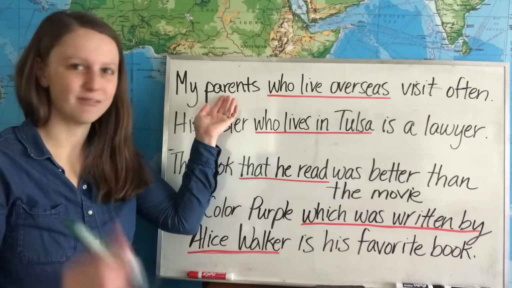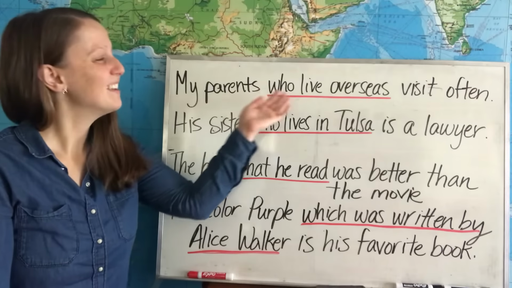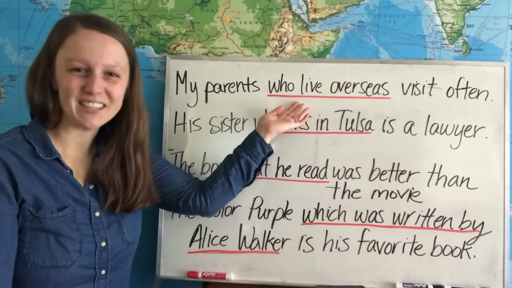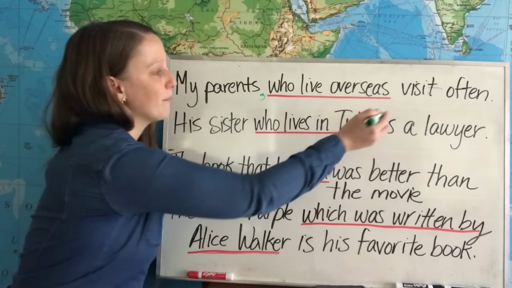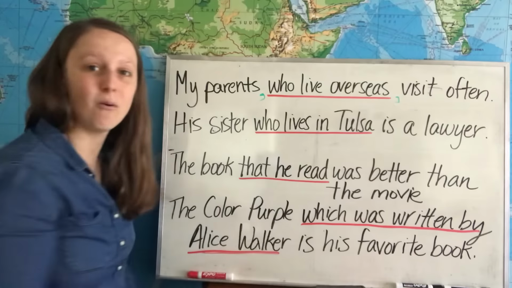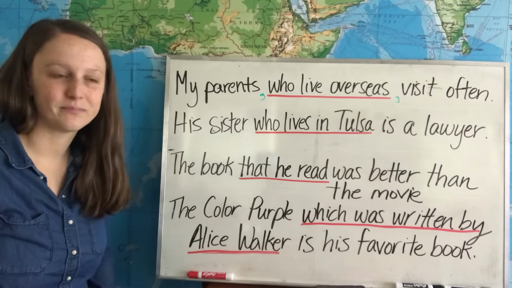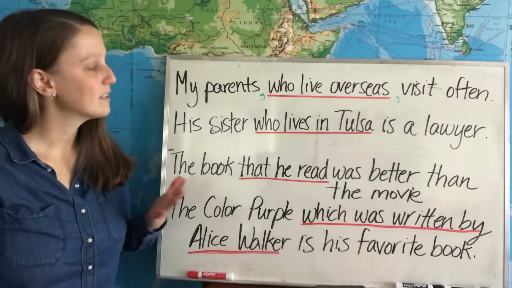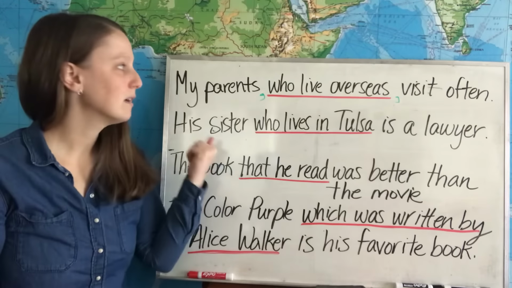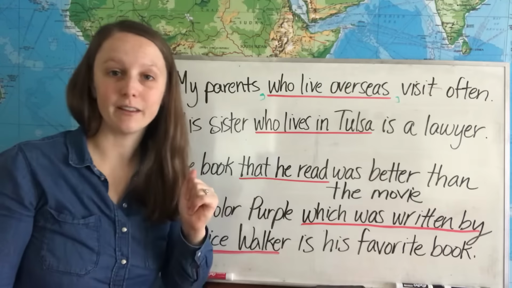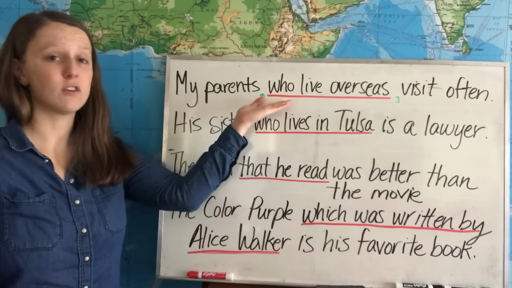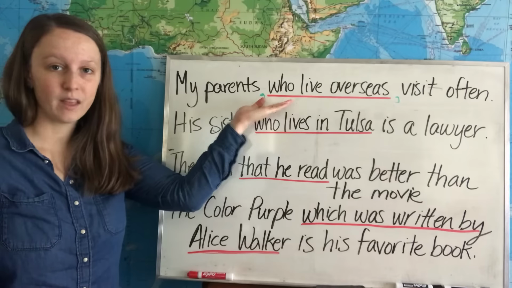We already know they're my parents. So, with a non-restrictive adjective clause like this, we need to add commas before and after the clause. So the sentence will read with comma pauses. My parents, who live overseas, visit often. This is a non-restrictive adjective clause.